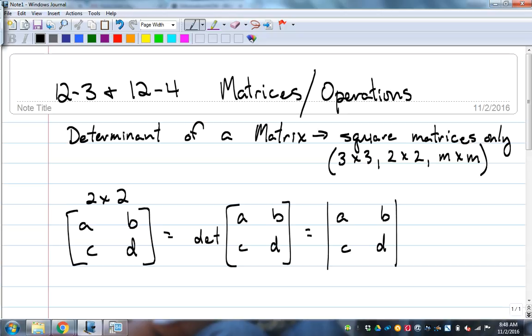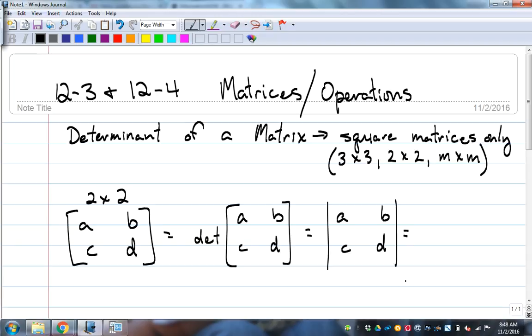They'll use the abbreviation DET and then write the matrix, or if they've got a list of matrices, where matrix A is this, they might write DET of A in parentheses. Or they might do this with the straight up and down bars, like absolute value marks instead of brackets. It's a real subtle change in the notation, but it means do that.